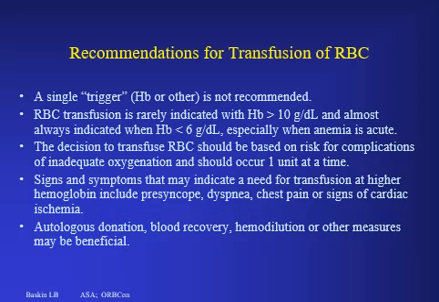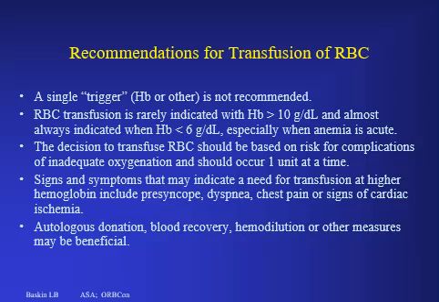So here I want to just give you a general consensus of the recommendations. And this has been compiled from the American Society of Anesthesiologists and the Ontario Regional Blood Coordinating Network. If you'll note, the single trigger is no longer recommended.